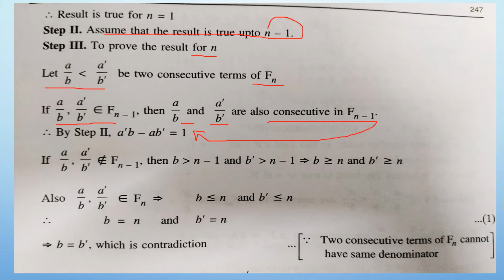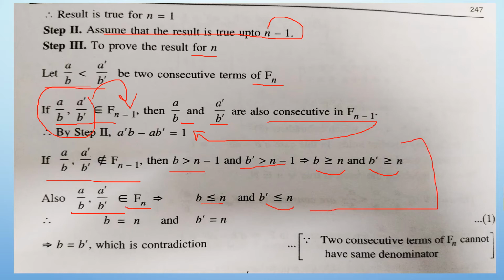If these two terms do not belong to the previous sequence of fractions, then their denominators must be greater than n minus 1. So b will be greater than n minus 1, and b dash is always greater than n minus 1. From here we can say that b is equal to n and b dash is equal to n. But as these fractions belong to Fn, b must be less than or equal to n and b dash must be less than or equal to n.